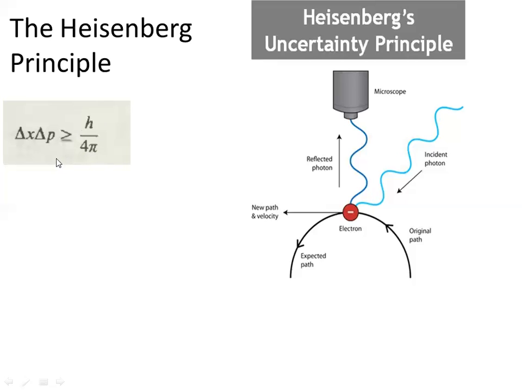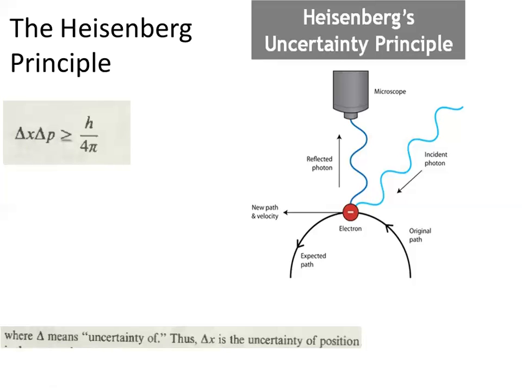So if you want to measure the position or the momentum exactly, delta x is the uncertainty in position, how much uncertainty there is, and delta p is the uncertainty in momentum.